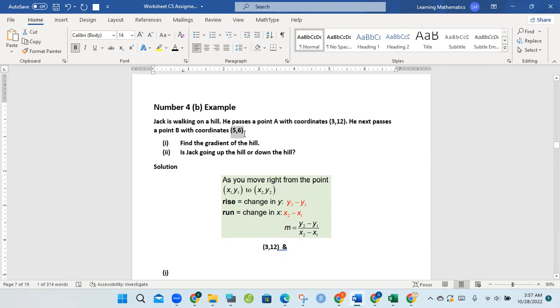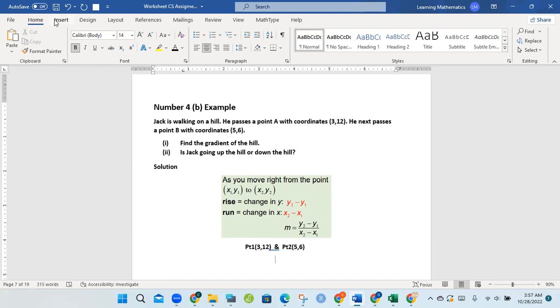So we can call 3,12 point 1 and 5,6 point 2.